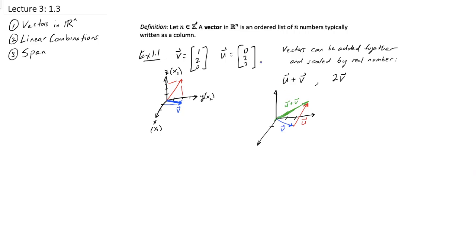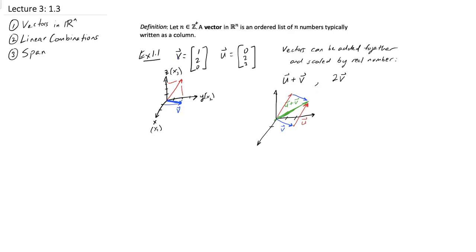And if I had done u first and then v, I would go there and then I would go here. So you get the same vector, and that's what I mean when I say it's commutative. This sum, you can go u and then v, or v and then u. And the sum is that diagonal.